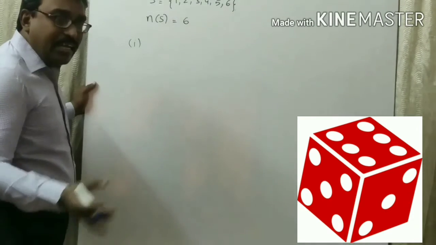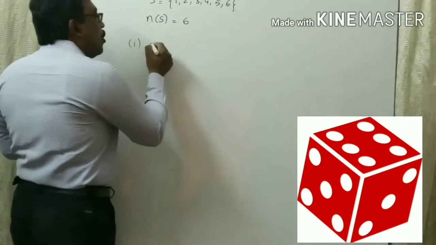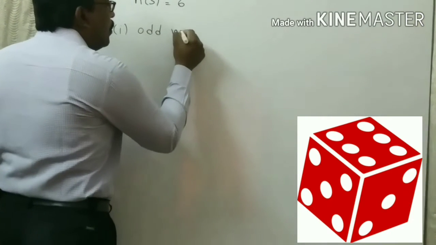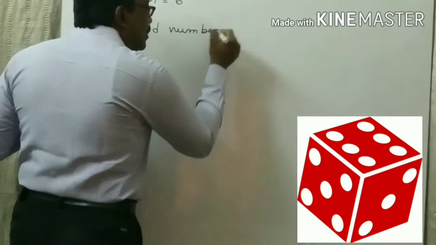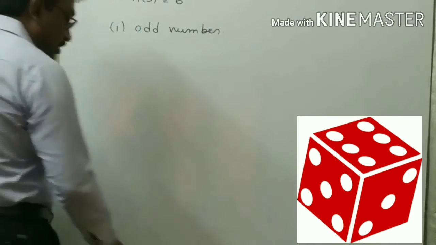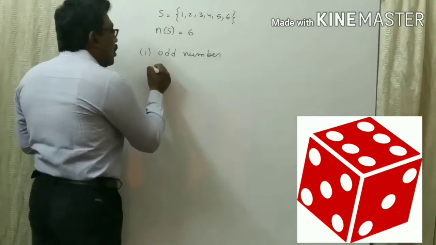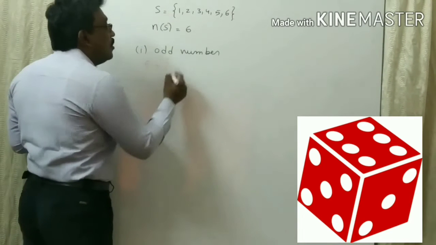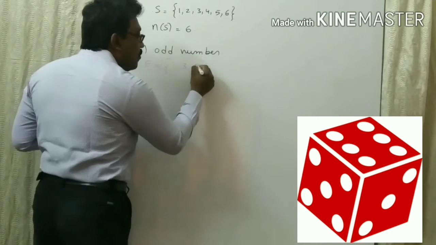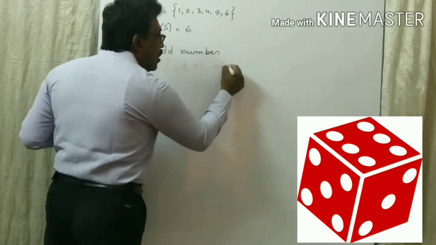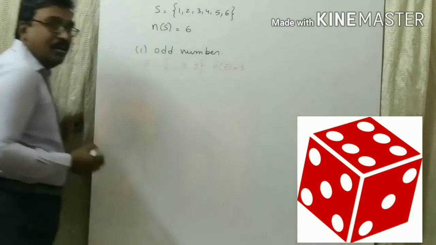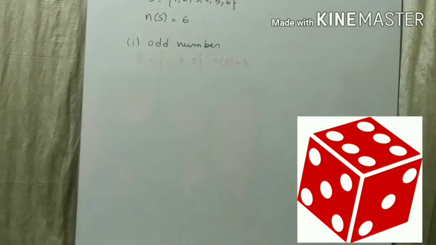Suppose a die is rolled once, what is the probability of getting an odd number? What are the odd numbers here? 1, 3, 5. So the number of odd numbers is 3.